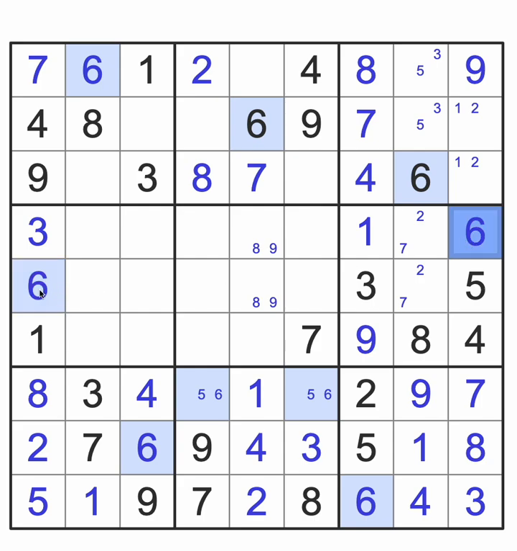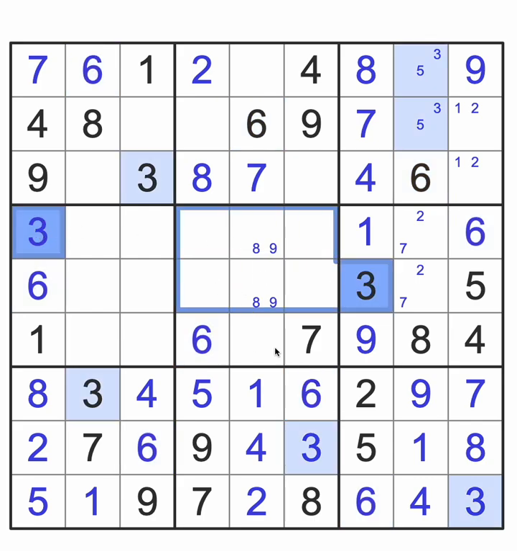And now 6, 6, 6 block these. This 6 blocks here, gives me 6 here. That gives me 5 and 6. And 3 and 3 block these, gives me 3 here, which blocks this cell.